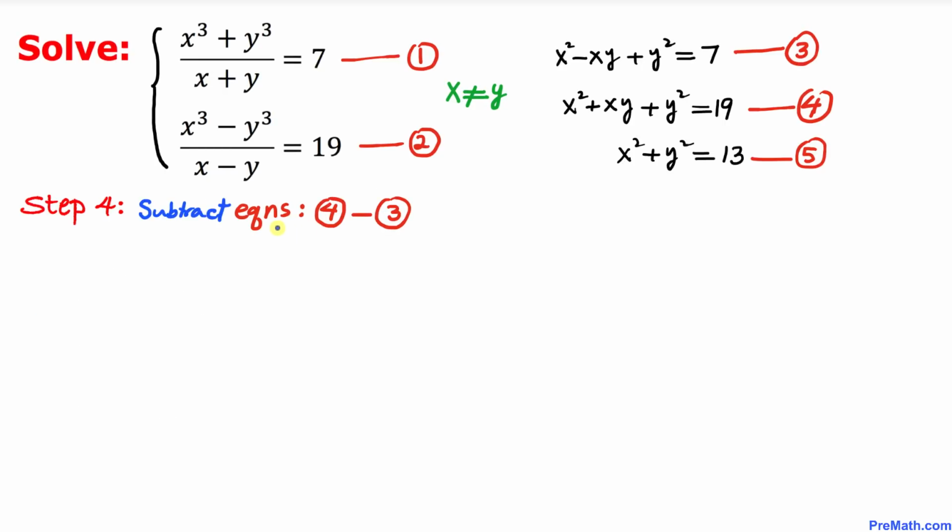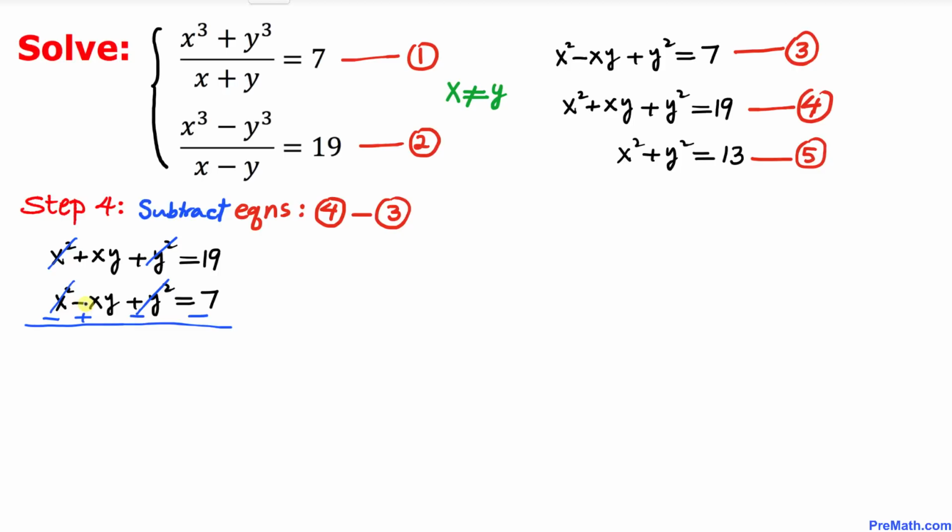And here's our next step. Let's subtract equation 3 from equation 4. Here I have copied down equations 3 and 4. Let's go ahead and subtract them. So I'm going to change the signs. This is going to become negative, positive, negative, and negative. This negative x square and this positive x squared are gone, and this one is gone as well.